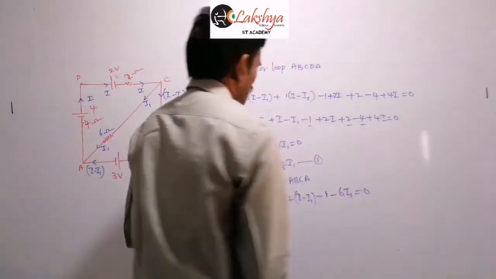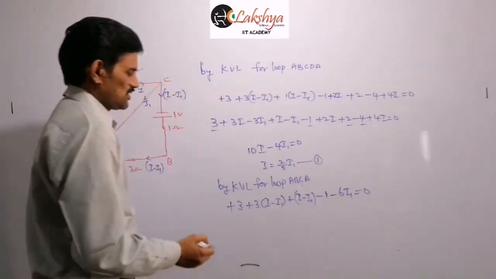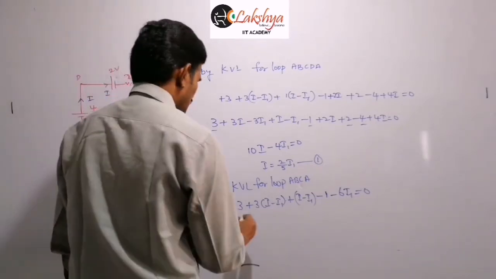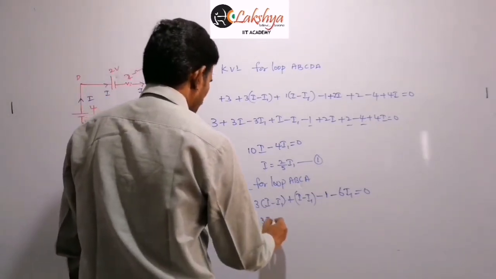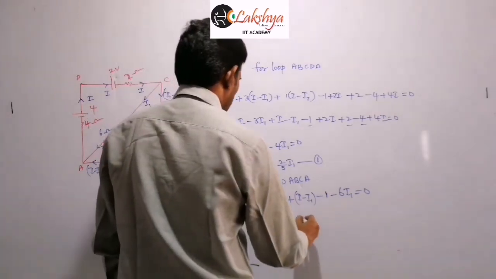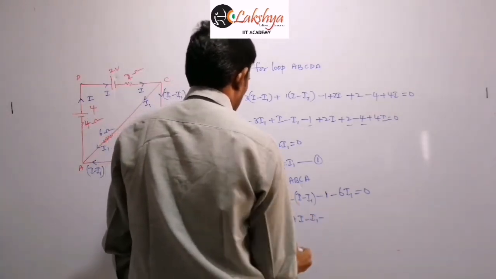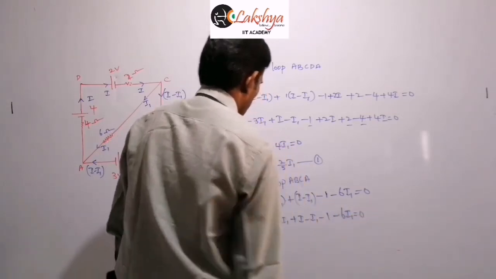This value is equal to 0, right? So it is application of the Kirchhoff law. You can do the simplification here again. So then constant is only 3 is there, then plus 3i minus 3i1 plus I minus I1. This is minus 1 and the 6i1 is equal to 0.